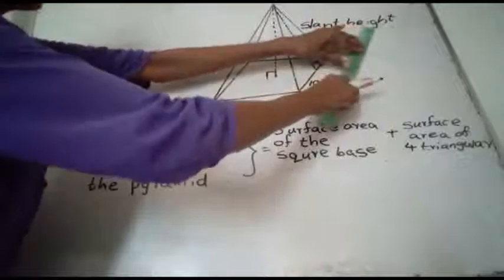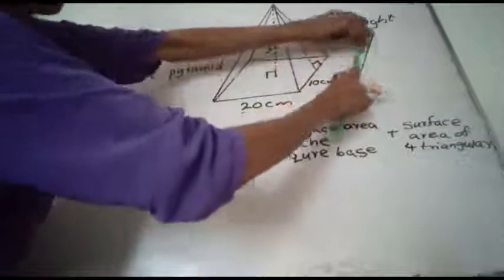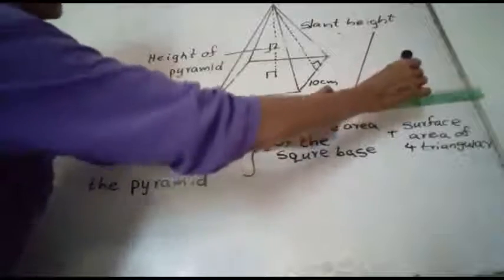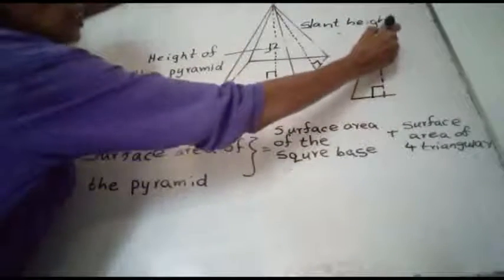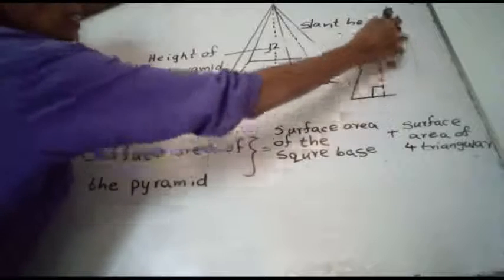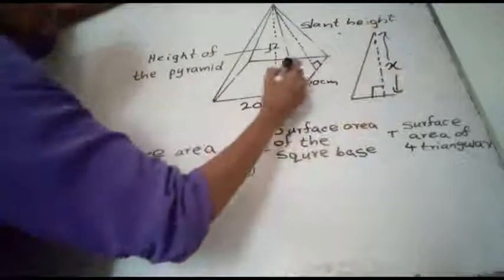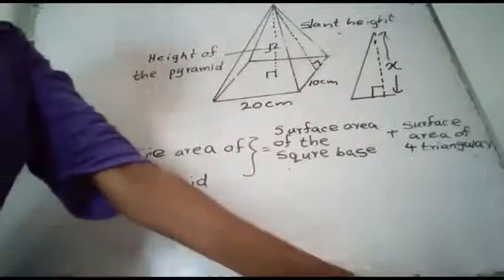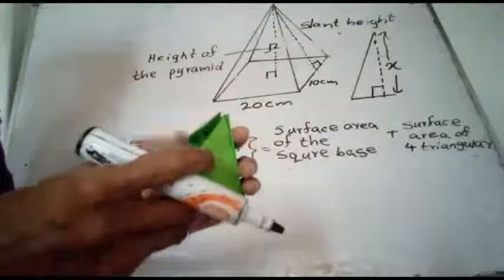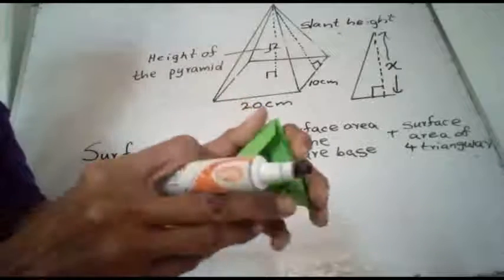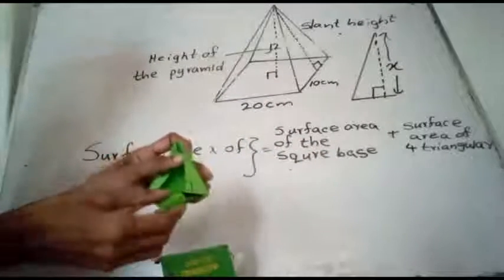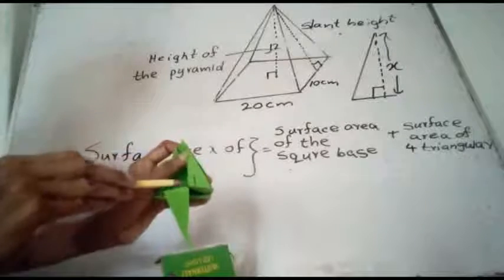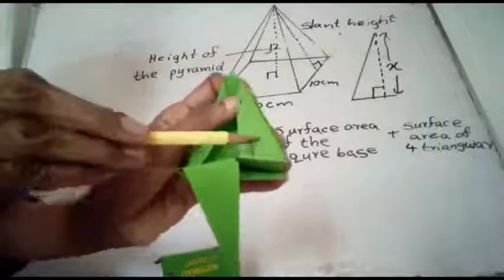When we find the perpendicular height of this triangle, this is the perpendicular height of the triangular surface.